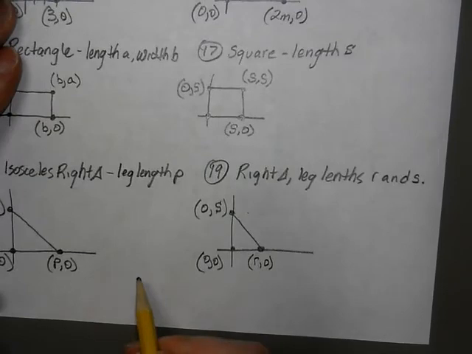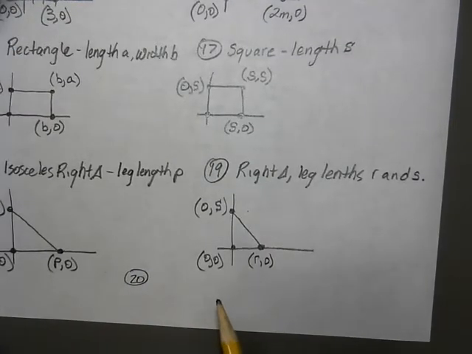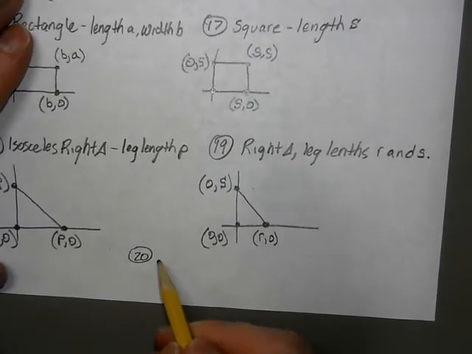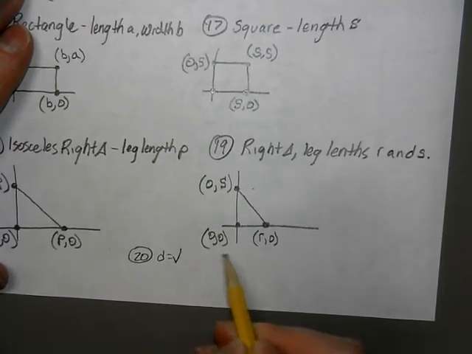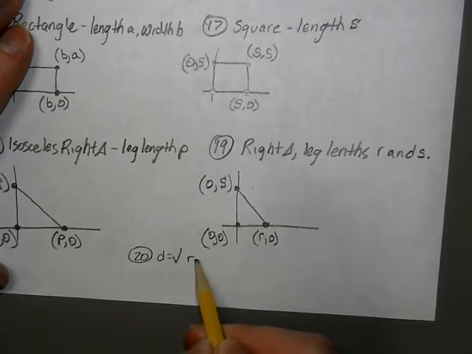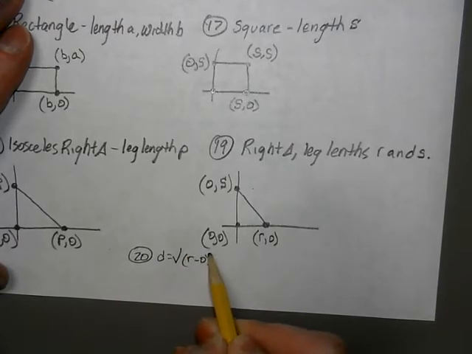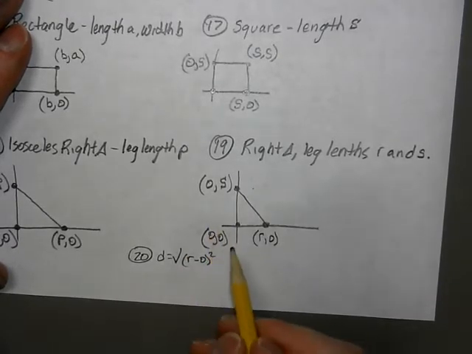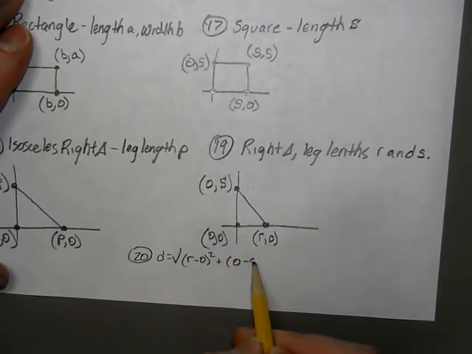For number 20, we're supposed to do the distance formula here. So the distance formula is going to be x1 minus x2 plus y1 minus y2.